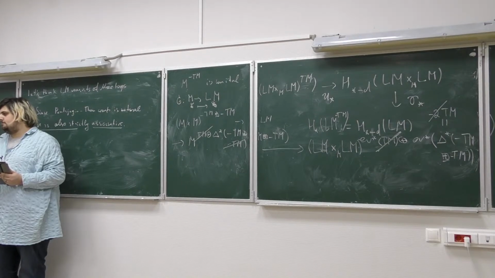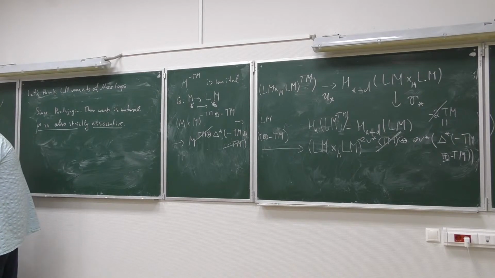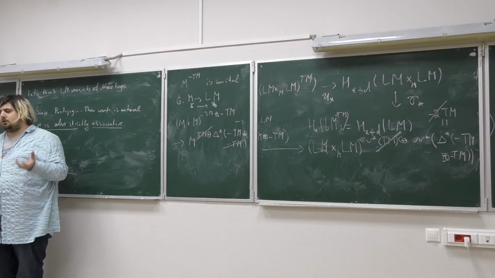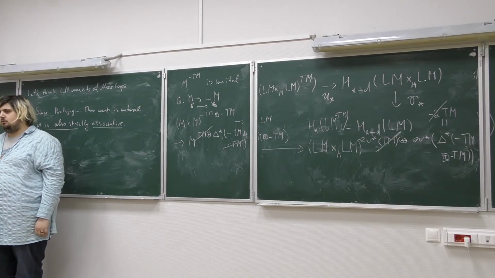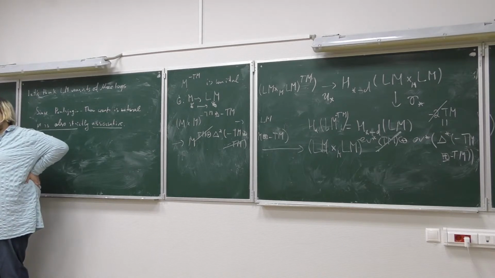But with free loops, this map is kind of relatively based, right? It's a map over M. So on the fibers, it's not commutative. But maybe we can somehow shift the base point. Yes, we can shift it along one of the loops. Oh, okay, I see. Yeah. I don't understand how it works.